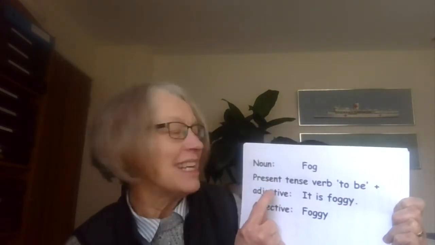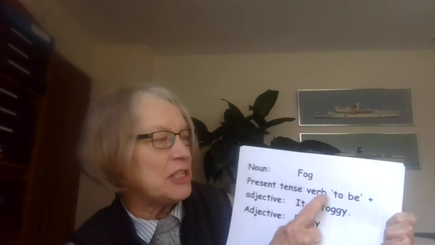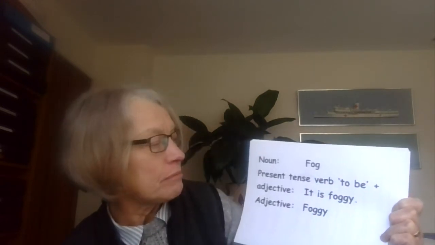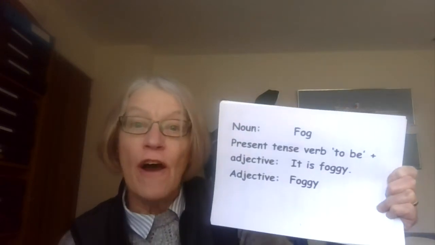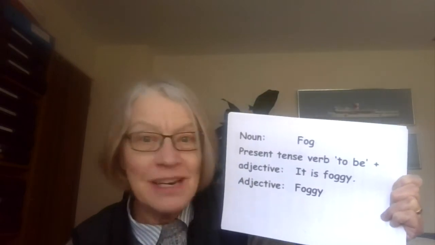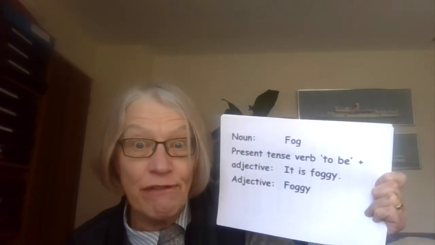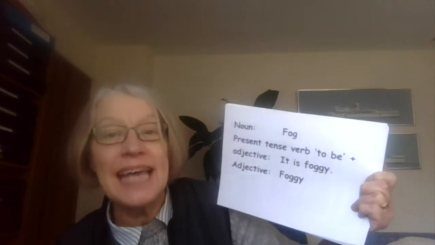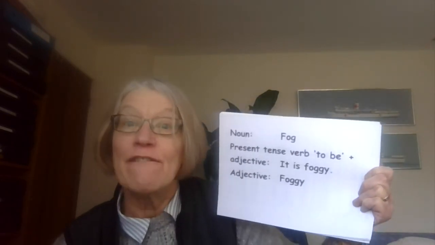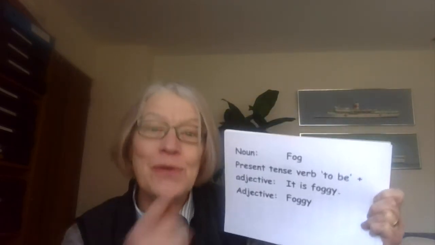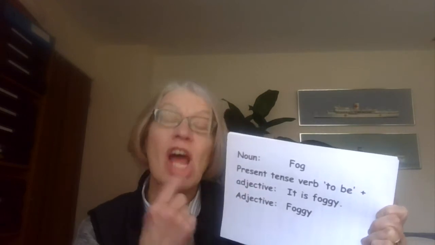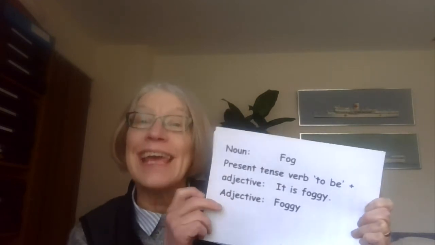And again, we use the present tense of the verb to be with the adjective foggy. So we never say it is fogging. We simply say it is foggy. So you need to do the past and the future of it is foggy.